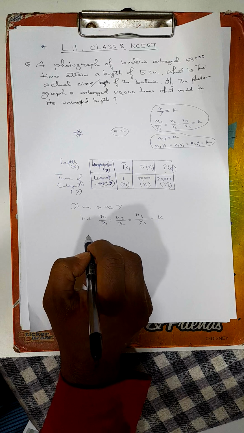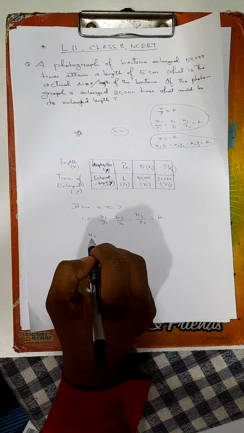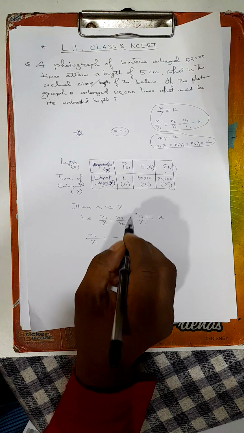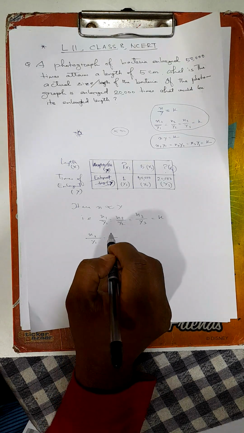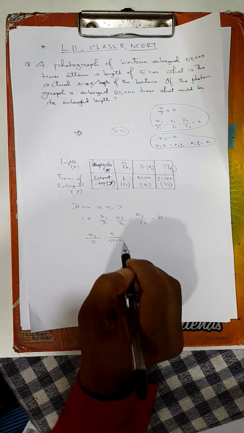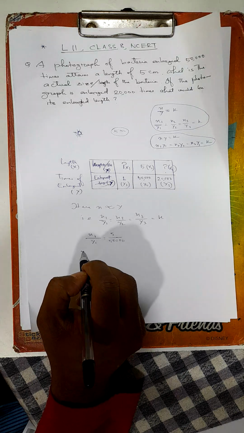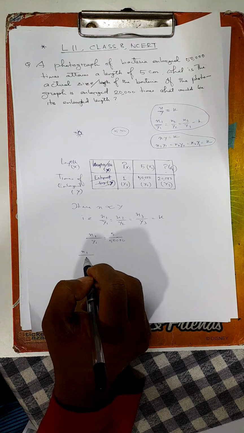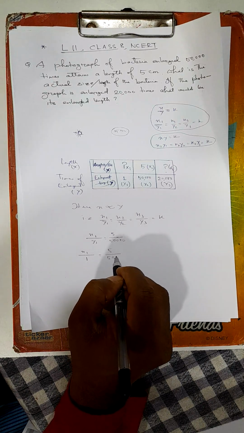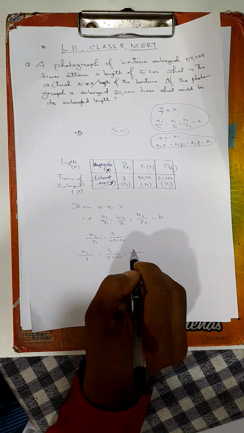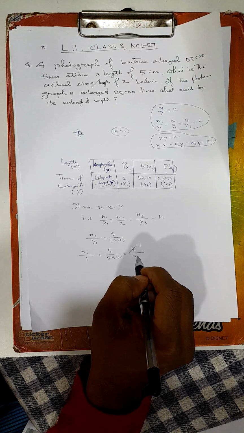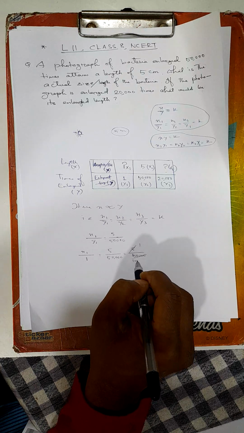Now x1 by y1 equals x2 by y2, where x2 means 5 and y2 means 50,000. So x1 divided by y1 is 1 by 5 divided by 50,000, or you can write it as 1 divided by 10,000.